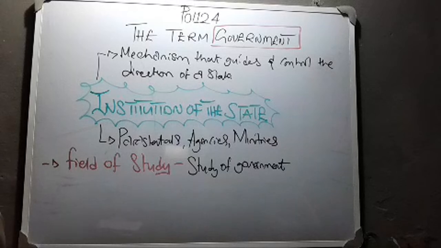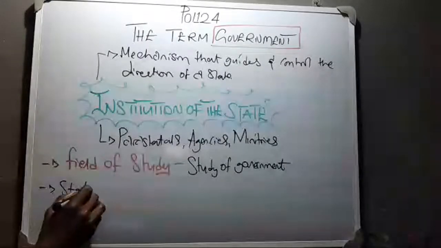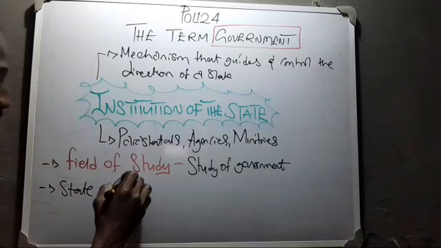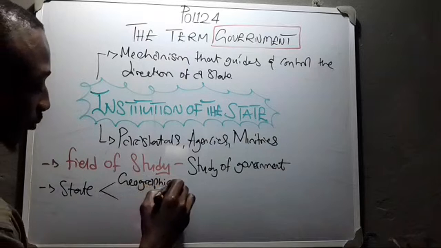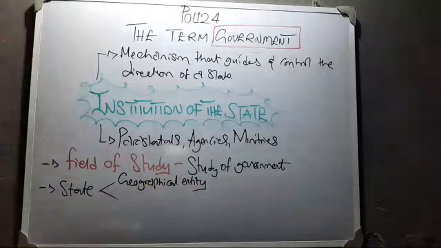Now, let's quickly talk about what a state is. A state is said to be a geographical entity made up of people who have a belief in common.